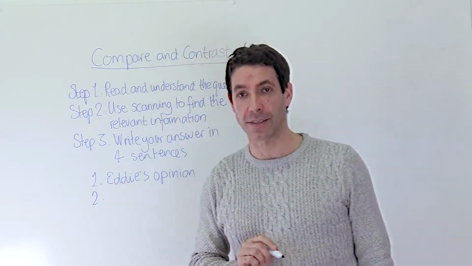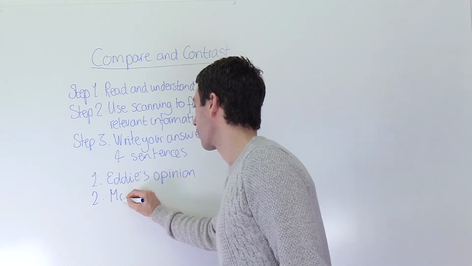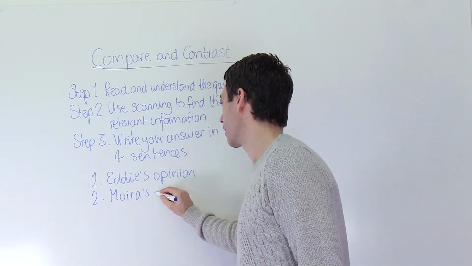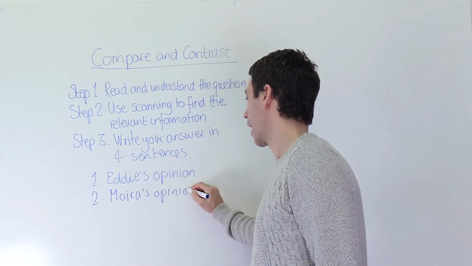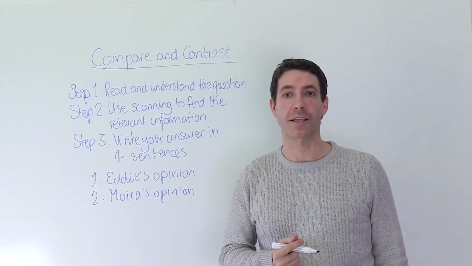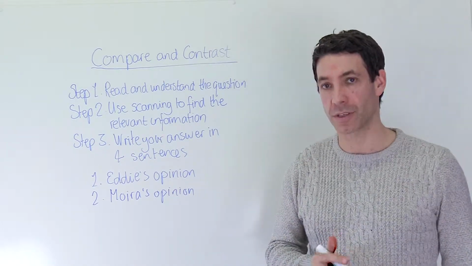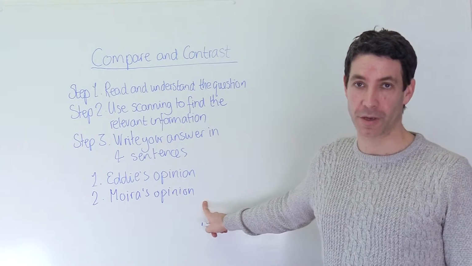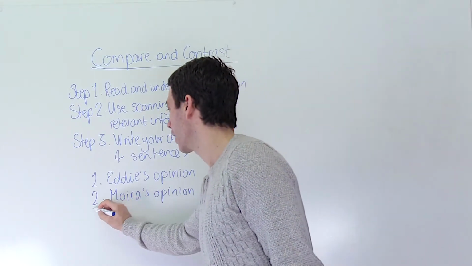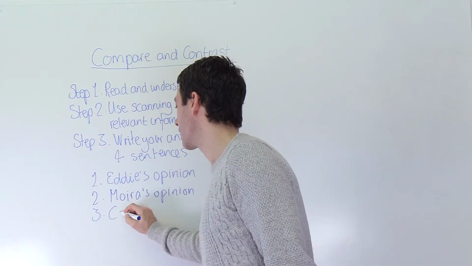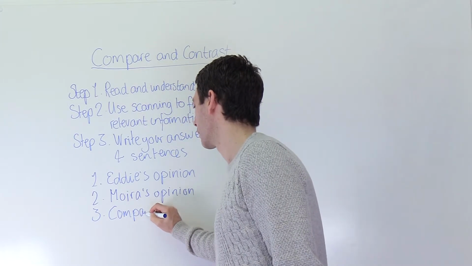The second sentence, we need to give Moira's opinion. Again, on the same subject, that of the importance of obtaining travel insurance. This is going to get us 2 points if we answer these in this way. The third sentence is to compare.